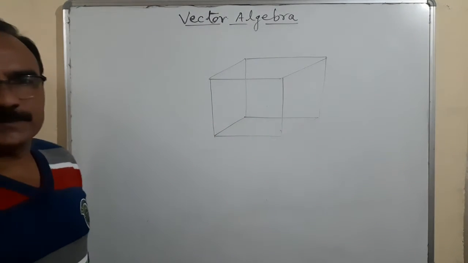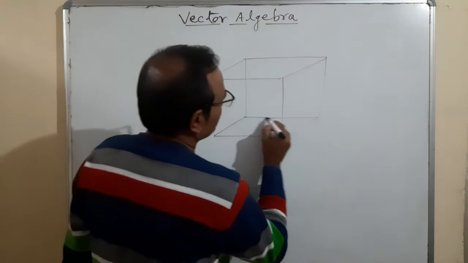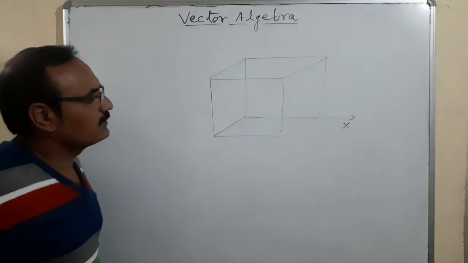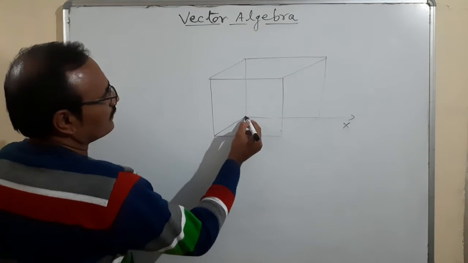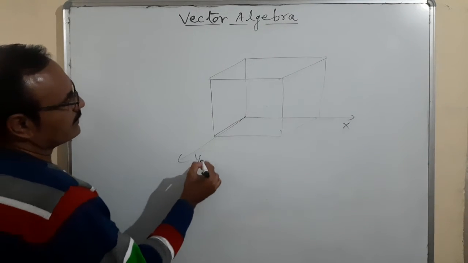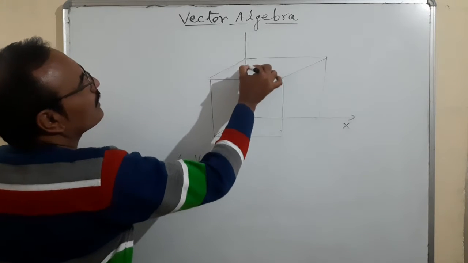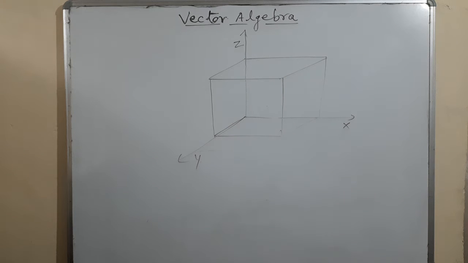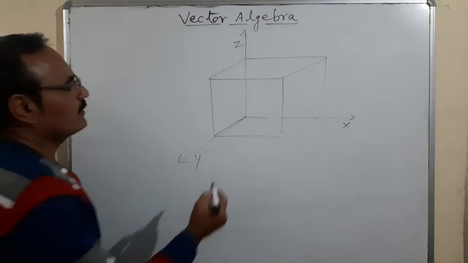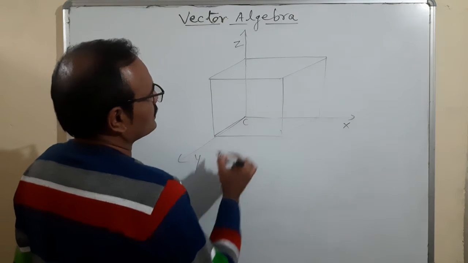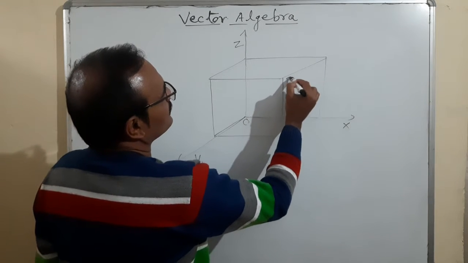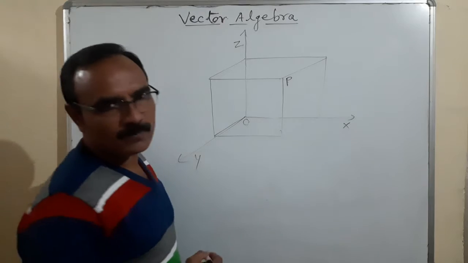This is a cuboid. Suppose this side is the x-axis, it is y, and there is the z-axis. This is the point O, the origin, and we are talking about a point P, which is here, right?